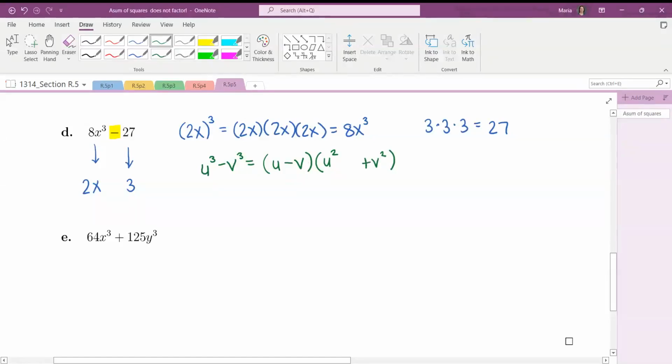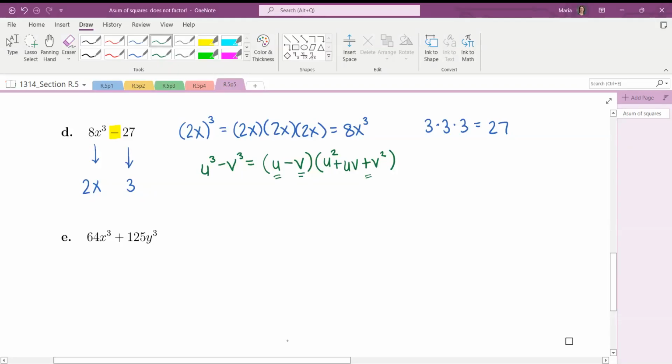This last sign will always be a plus, and then to get the middle term, you're basically going to multiply these together. It's going to be your u times v, and for the first sign in here, you change the sign. In the first factor we have a minus, so we change it to a plus.